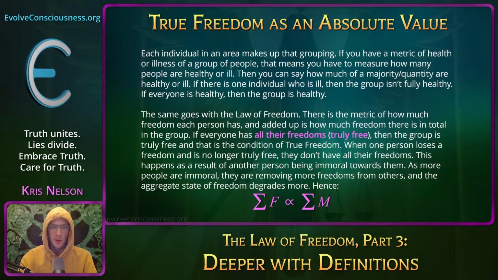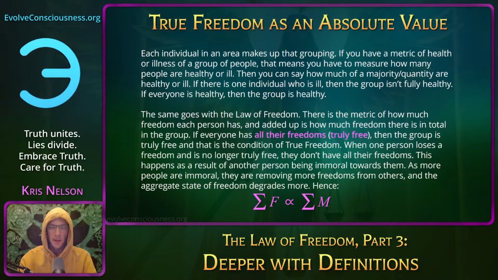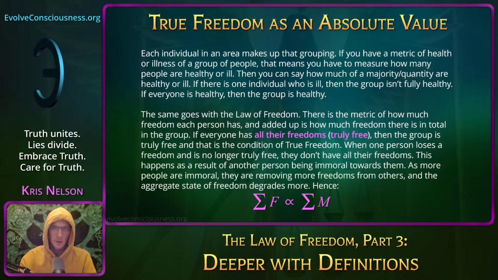As more people are immoral, they are removing more freedoms from others, and the aggregate state of freedom degrades more. Hence, the formula that Mark Passio came up with, which is the aggregate freedom is directly proportional to aggregate morality. And you go back to my part 1 in the law of freedom, where I go into that more in depth.